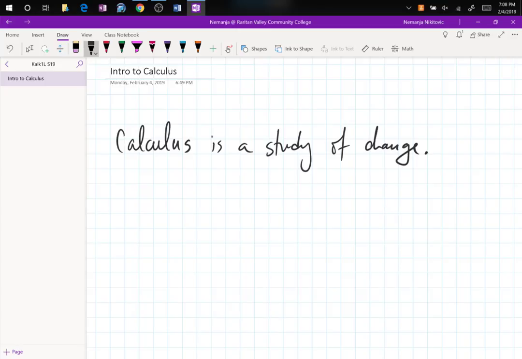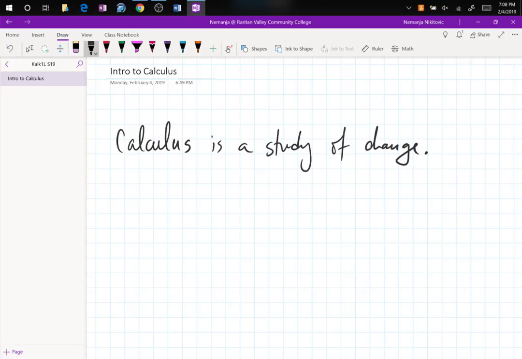So we are going to discuss a lot of these things, and calculus gives rise to all of our engineering and physics and advanced economics, and pretty much all aspects of our life are touched somehow by calculus, which is why it's required for pretty much everything.